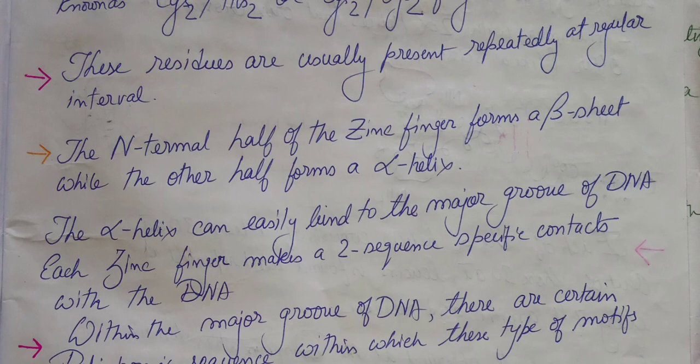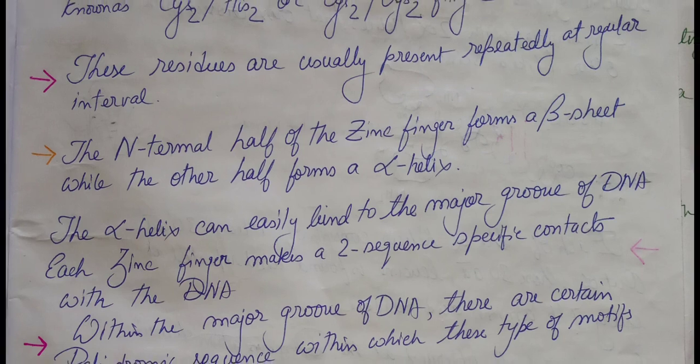The N-terminal half of this zinc finger forms a beta sheet, as I have shown you in the diagram. You can go to the diagram again. The N-terminal half of the zinc finger forms a beta sheet, while the other half forms the alpha helix.